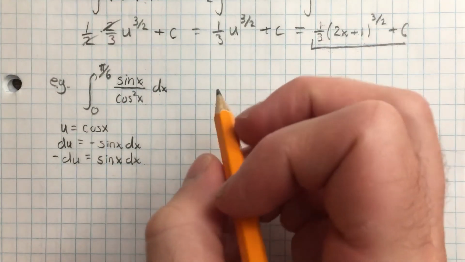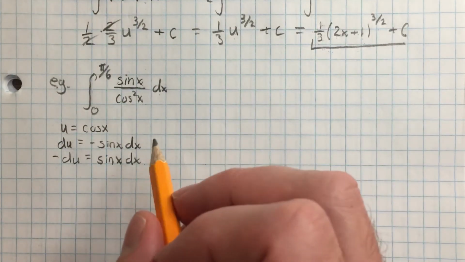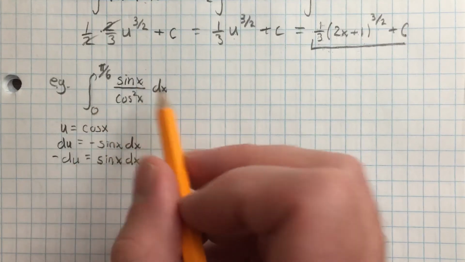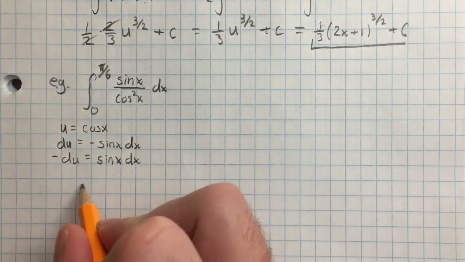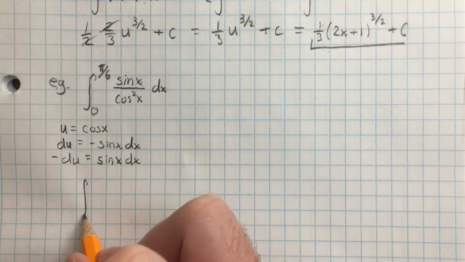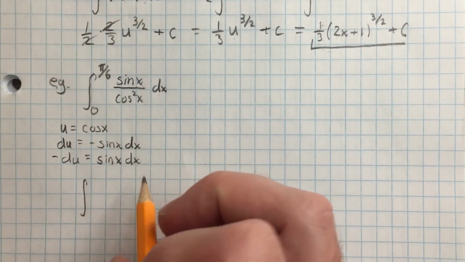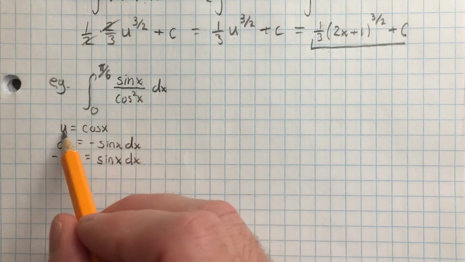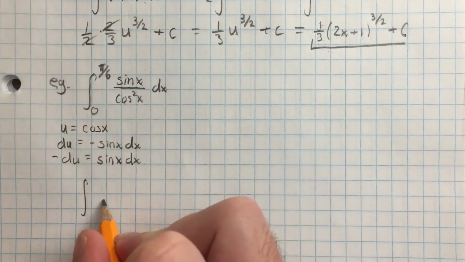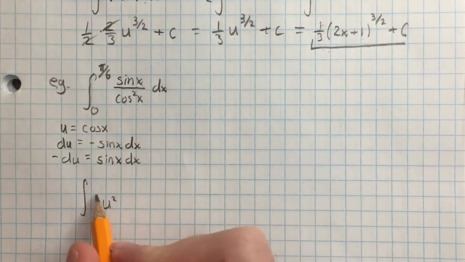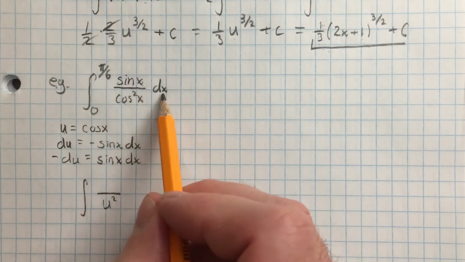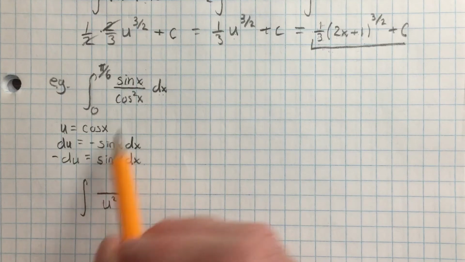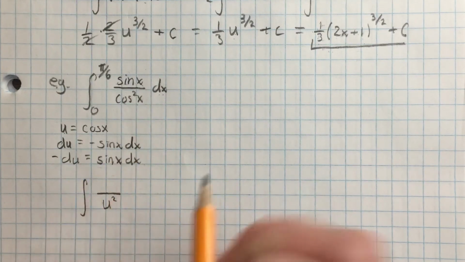All right, so if I start to replace the pieces that I see here with the variable u, I have the integral of, well, the cos x became u itself, so this is u squared in the bottom. Now above, what do I have? Well, the sine x dx product, sine x times dx, it's supposed to become negative du.